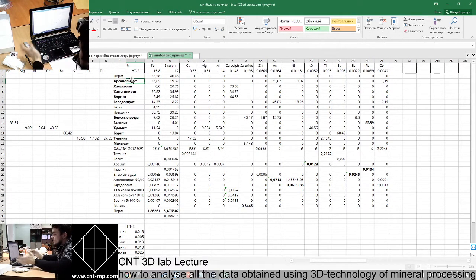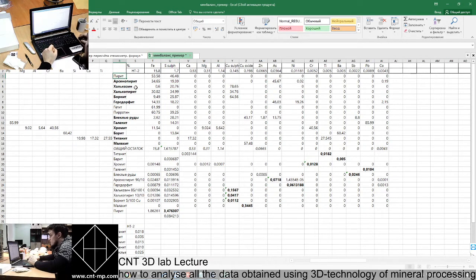From object to object, I mean from one deposit to another, minerals can vary in content of particular elements. Sometimes pyrite is more sulfury, more irony. It depends on circumstances, and also on the particular genesis of the deposit.